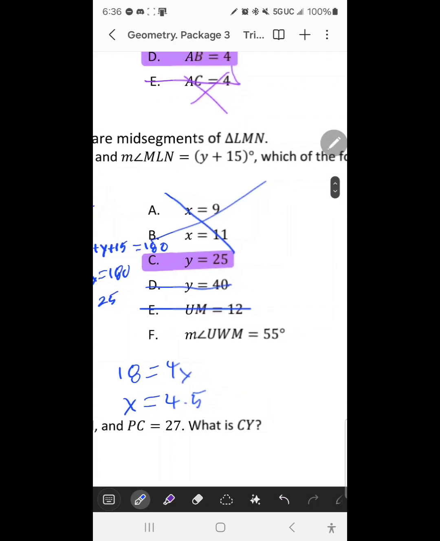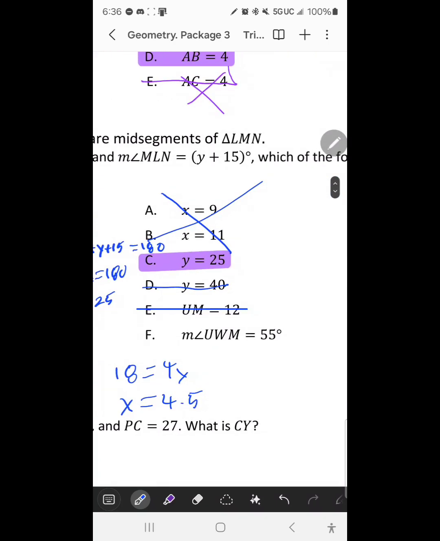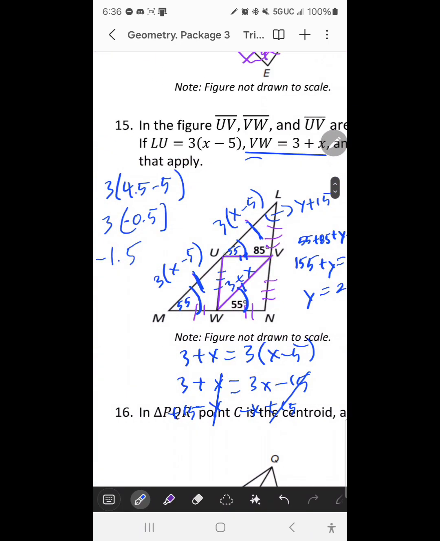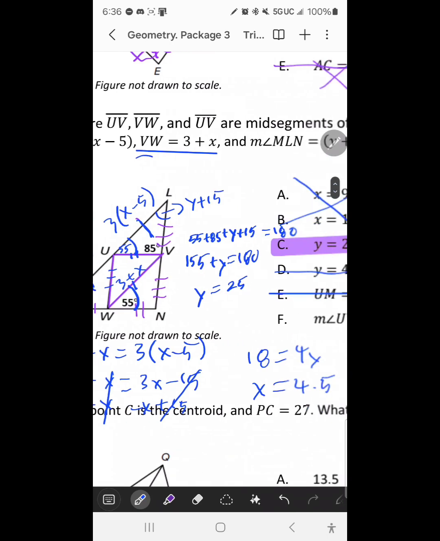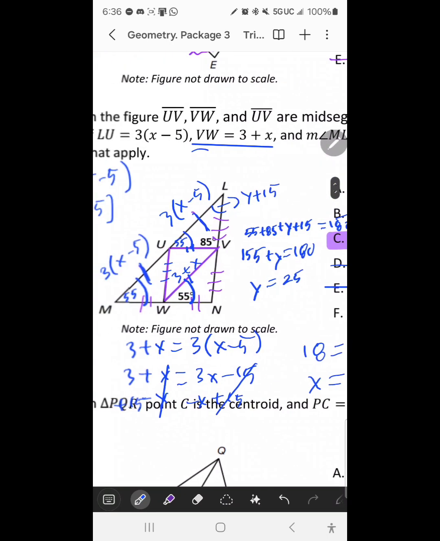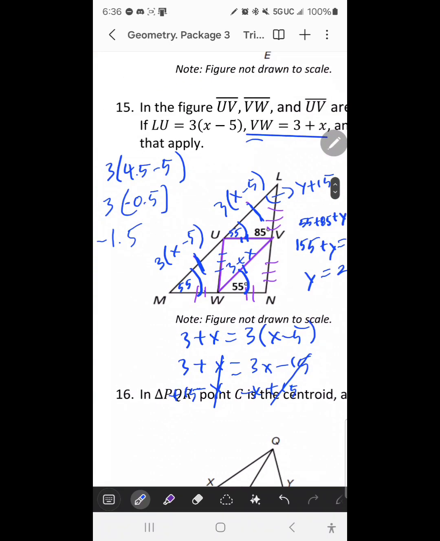But either way, now let's calculate the measure of UWM, which is this angle right here. Okay, that's pretty easy, literally.